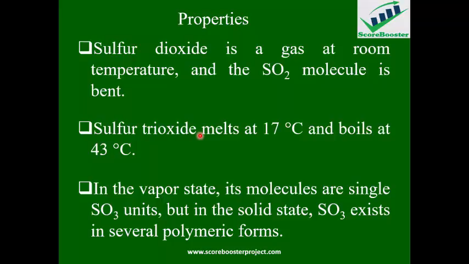In the vapor state, its molecules are single SO3 units, because after 43 degrees it boils and becomes vapor, so each of them becomes discrete particles. But in the solid state, it can exist in several polymeric forms depending on the state of the sulfur.